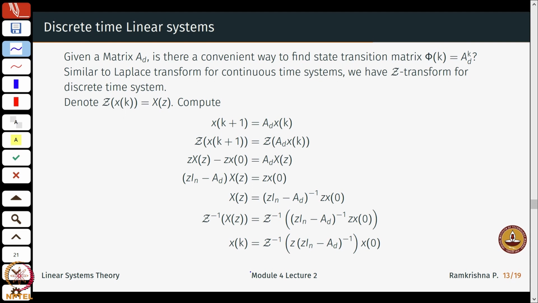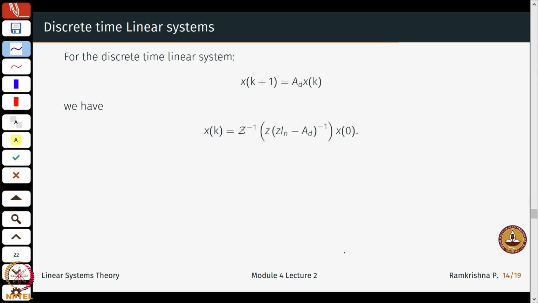As usual, I just start with a difference equation, convert it into the Z domain and then bring it back via the inverse Z transform to my discrete time domain. Again the steps I will skip, very similar to what we did in the Laplace domain for solving continuous differential equations.